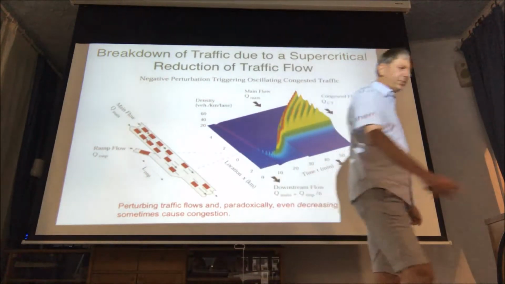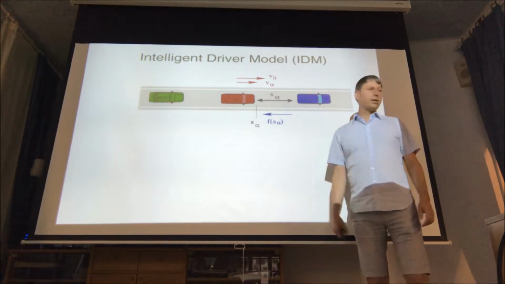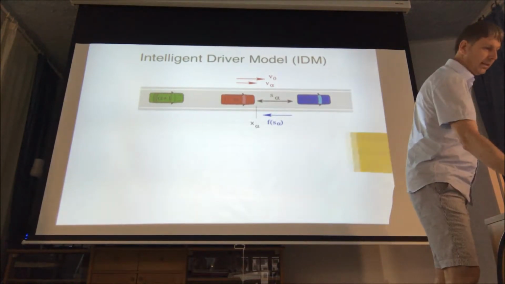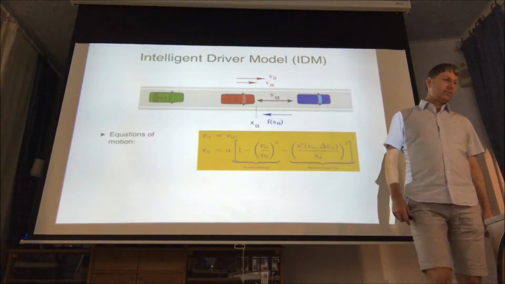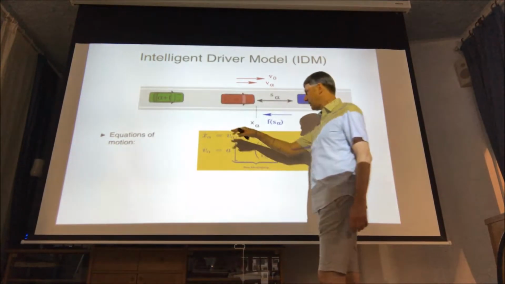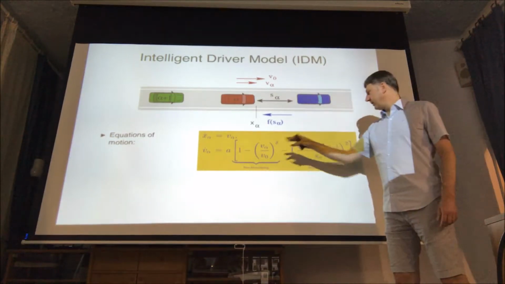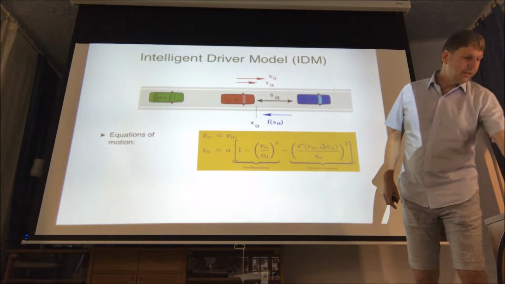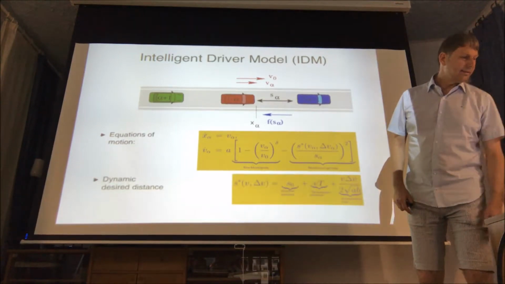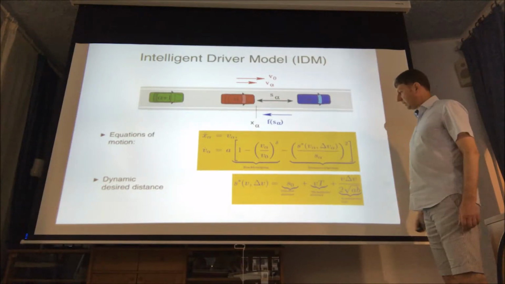And they can be understood actually with models like these. The intelligent driver model, IDM, is basically made up of a few equations, not very complicated. So there's again a weight and equation of motion, and there's an acceleration equation, and that acceleration equation depends on the distance, speed, and relative velocity of subsequent vehicles.